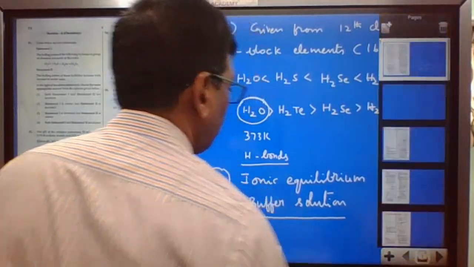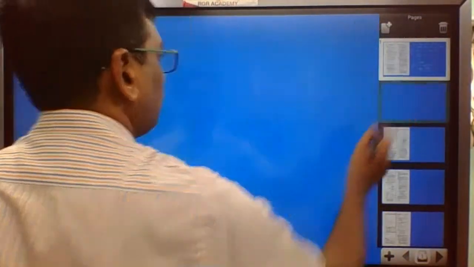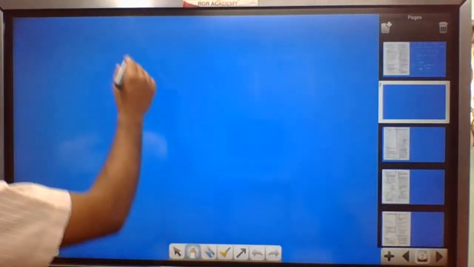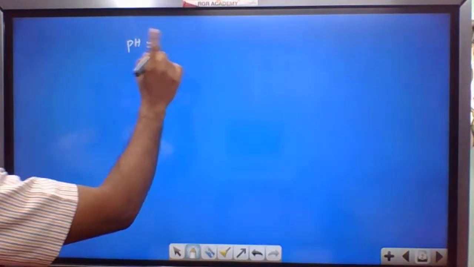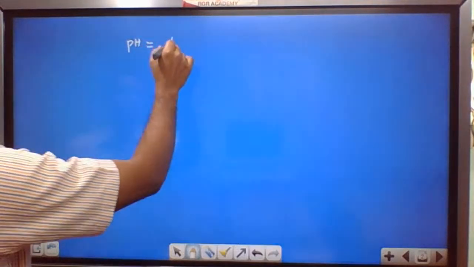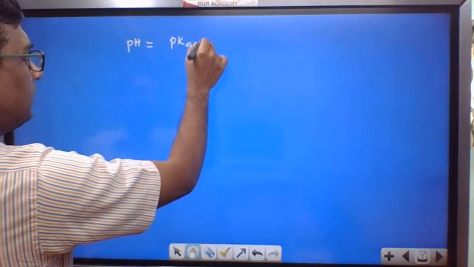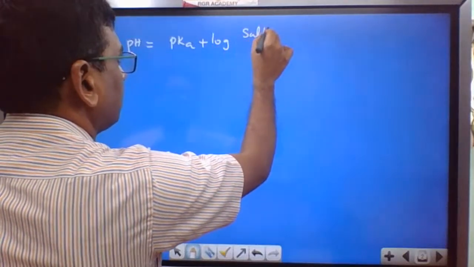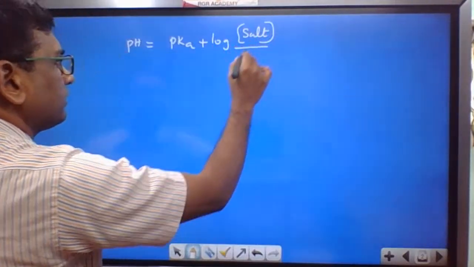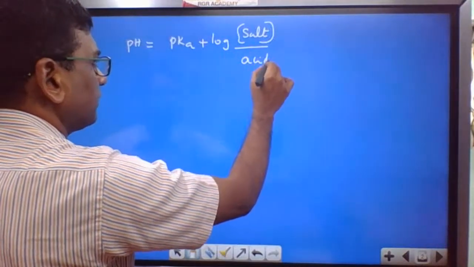And we know the formula of the buffer solution. To calculate the pH of an acid buffer: pH equals pKa plus log of salt concentration divided by acid concentration.